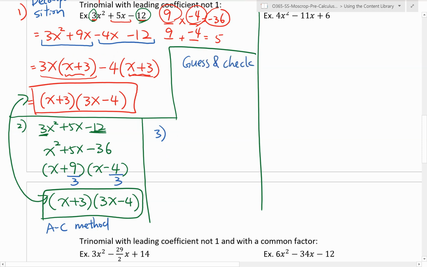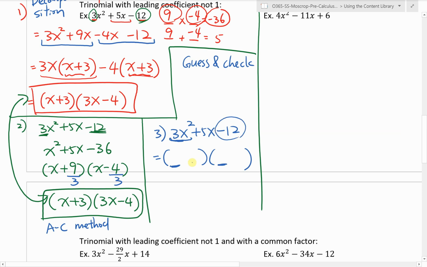So it's a trinomial. Let me write down the numbers here. The question is 3x squared plus 5x minus 12. I know this is a trinomial, so if I factor it, it's going to be 2 sets of brackets. Now what I need to think about is how do I get this 3? Well, the first term really came from this term times that term. How do I get a negative 12 here?